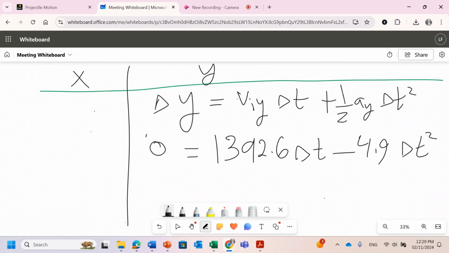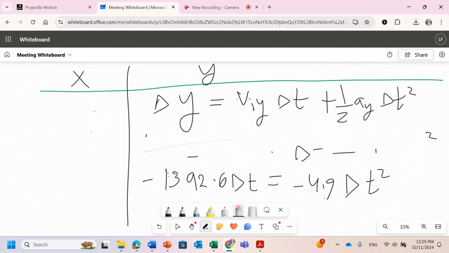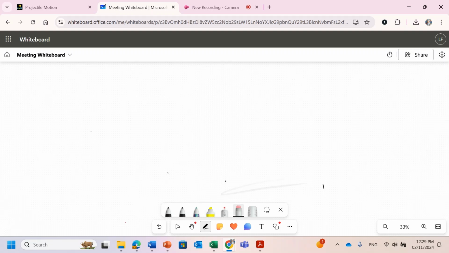Now this is an equation, just solve it. When you solve the equation, take this to the other side, so it will become negative. So I will have negative 1392.6 delta t equals negative 4.9 delta t squared.